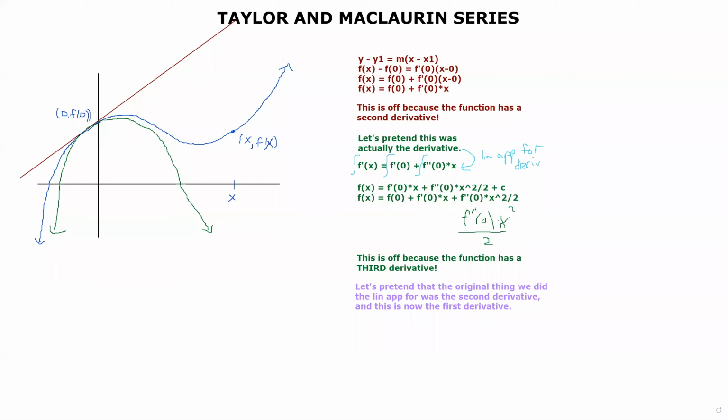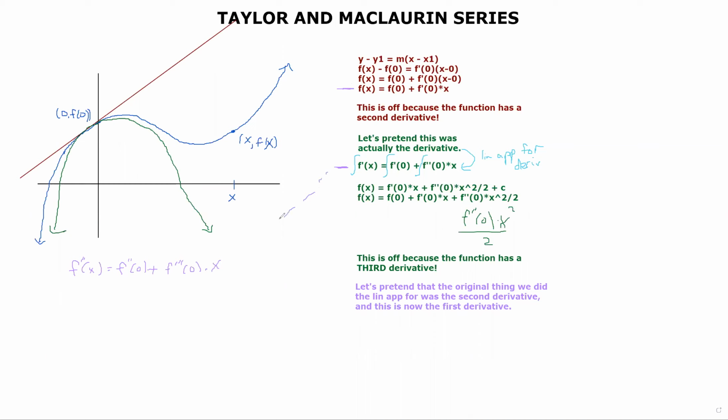So what that means, all right, let's think about this piecemeal here, right? It's like f double prime of x equals f double prime of 0 plus f triple prime of 0 times x. What I've done is I've taken this line right here, which became this line when we did the first derivative, and I'm saying, let's make this now the second derivative instead.